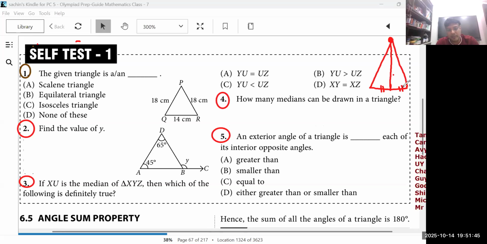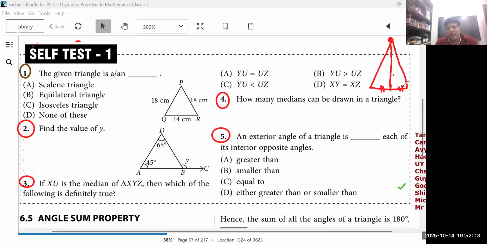This is a median. All right. And sir, in an equilateral triangle, the median and the altitude are the same. Yes. And a median divides the triangle into two triangles of equal areas also.